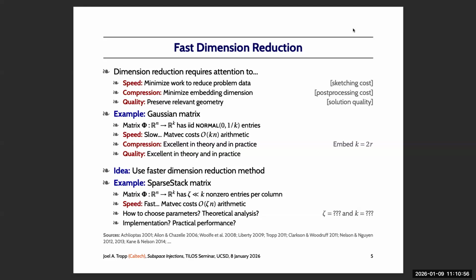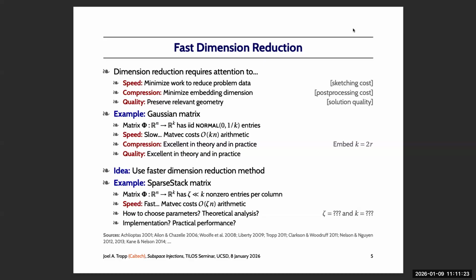Now, the Gaussian matrix is a beautiful example, but it's slow. And the reason is that to apply this Gaussian matrix to a vector of length n, it costs order kn arithmetic operations. So for every single vector, we have to do a fair amount of work. On the other hand, we do get very good compression. We can get the embedding dimension to be as small as possible.